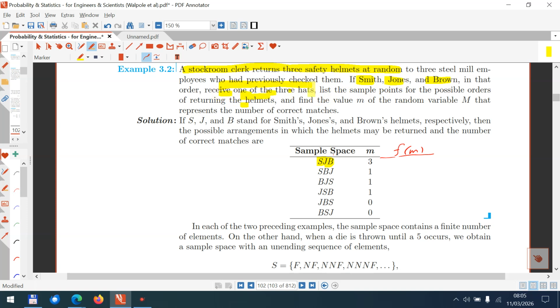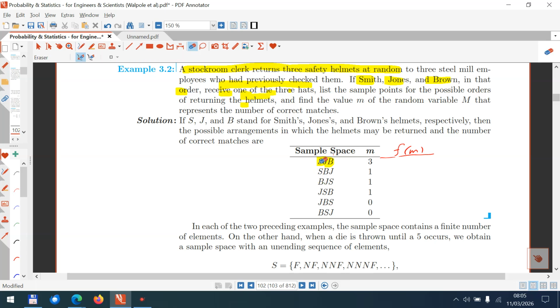I told you that you have to look for hints in the description of an experiment if you want to assign probabilities. This says nothing about how probabilities are assigned. So the best bet you can have right now is to look at this sample space.